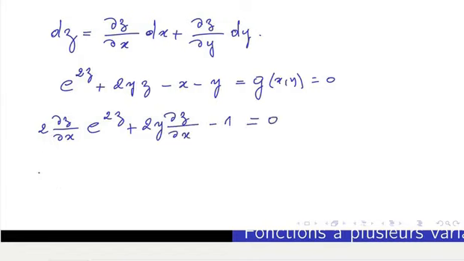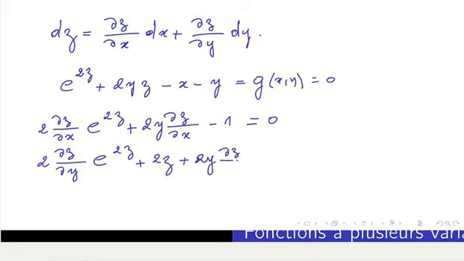By differentiating g with respect to y, we find the derivative of z with respect to y times exponential of z, plus, for 2yz, 2z plus 2y times the derivative of z with respect to y because it's a product. And the derivative of minus y is minus 1, equals 0.